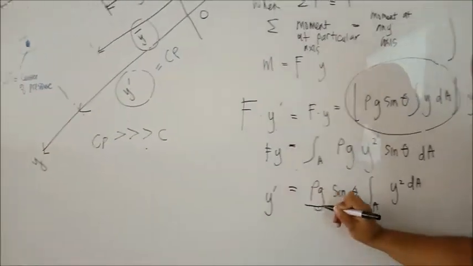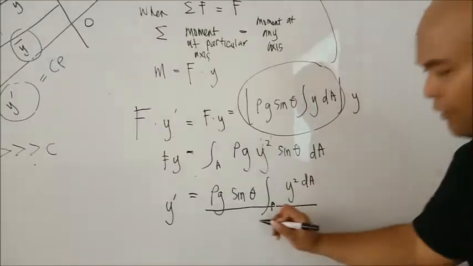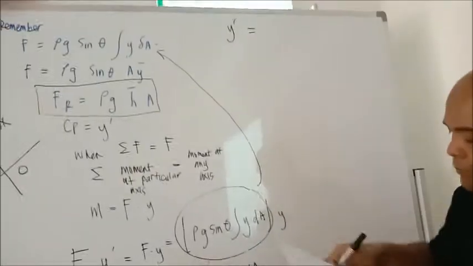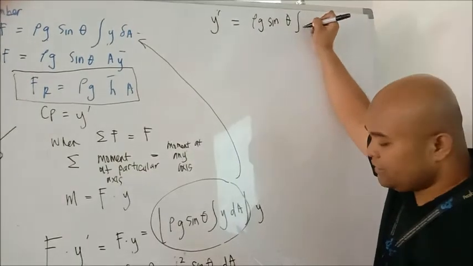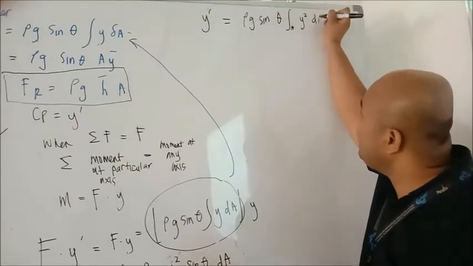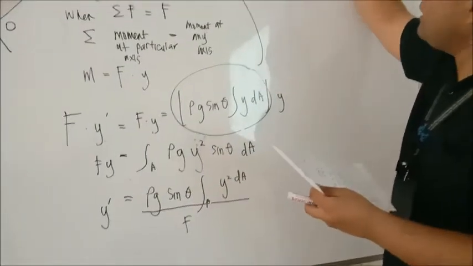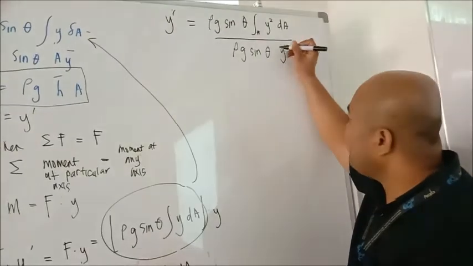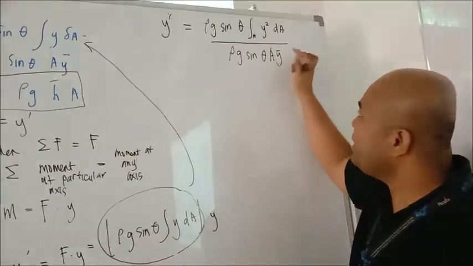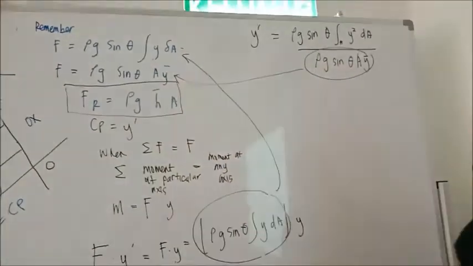Our equation is now y prime equals rho g sin theta, integration of A y squared dA, divided by F, which is equal to rho g sin theta y bar A. Where do we get this? This is from here.